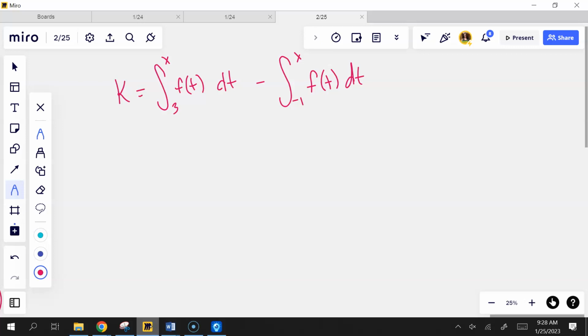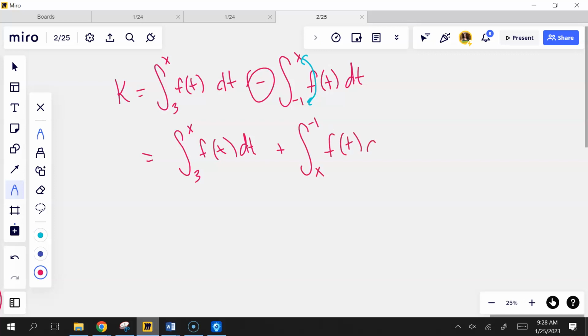Okay, so I put k by itself, right? Now I'm going to switch these bounds up so that I can combine them. And when I switch that bound up, I also have to switch this sign. A lot of you got to this point, but then you didn't know what to do from there. So this is now going to be plus the integral from x to negative 1 of f of t.